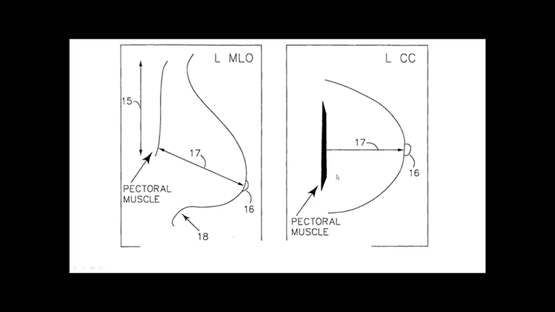If it doesn't pass, the lower number means you're missing posterior tissue on that image, whichever image it would be, whether it's the CC or MLO view. So once again, measure from where the nipple attaches to the breast all the way back to the image, and then from where the nipple attaches to the breast all the way back to the muscle.